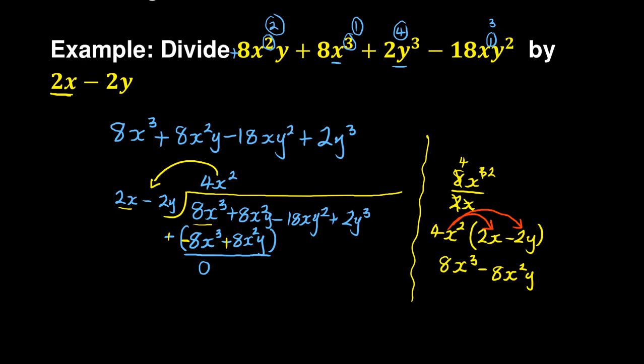Now you have 8x squared y plus 8x squared y. So 8 plus 8 is 16, in this case a positive number, so you are going to have positive 16x squared y. So when you have done that, you are going to bring down, in this case, that negative 18xy squared.